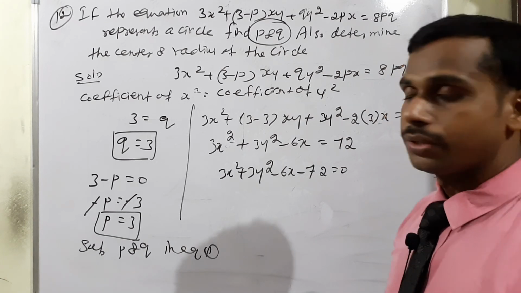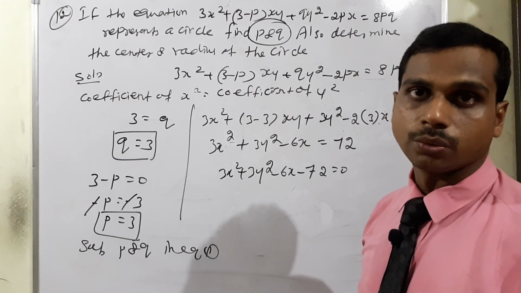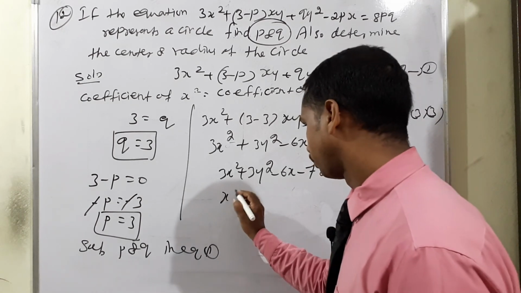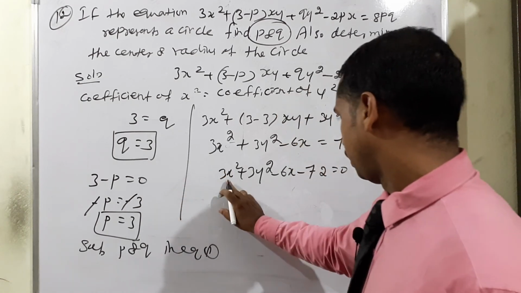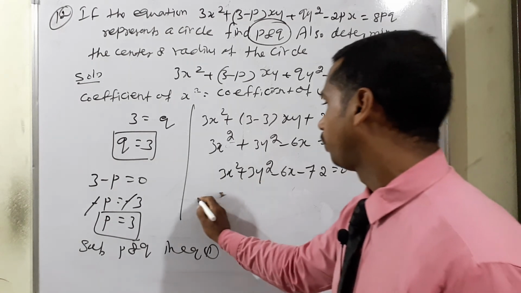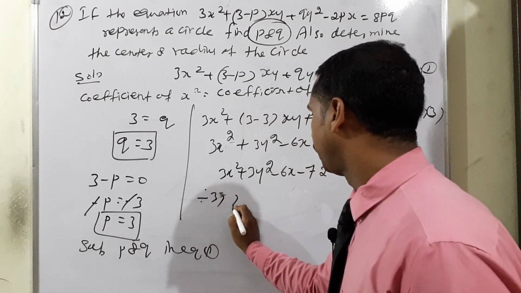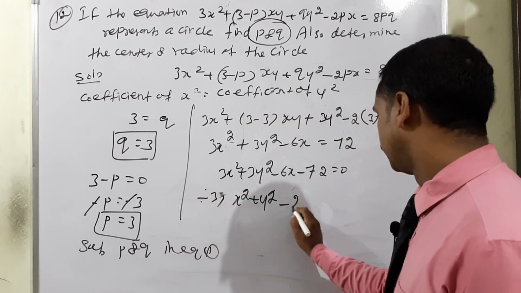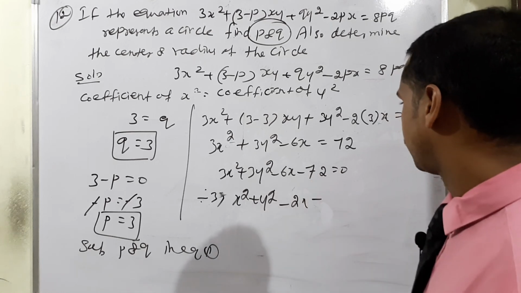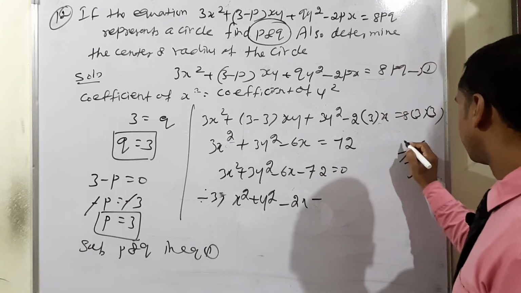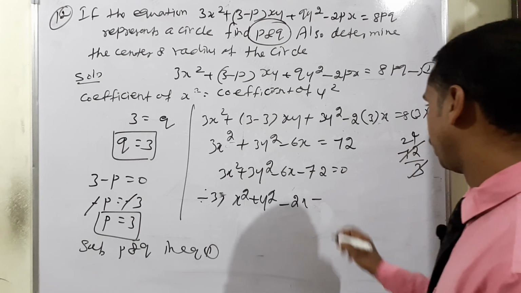For the center and radius, we compare with the main equation of a circle, x square plus y square plus 2gx plus 2fy. Before that, the coefficients of x square and y square are equal, but they are more than 1. What we have to do is divide each and every term by 3, so x square plus y square minus 2x, and 72 divided by 3, 3 sixes are 18, 3 eights are 24, isn't it?